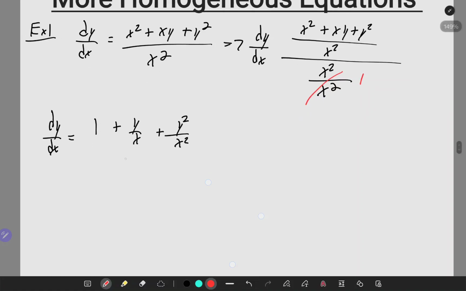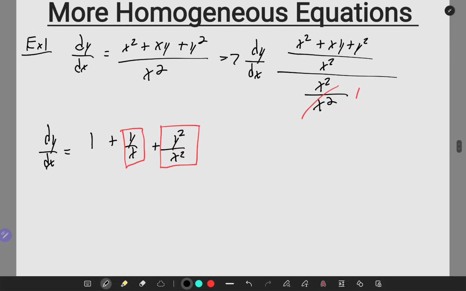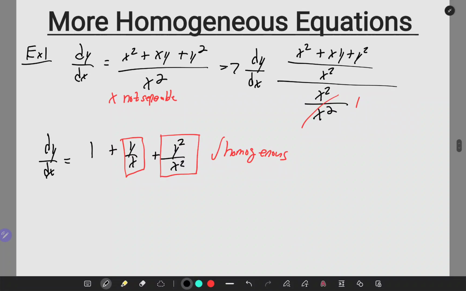Now if you notice, we were left with y over x, right? This is homogeneous. Just like the last one wasn't separable. Now we ensured that it's homogeneous, so now we have to make it separable.